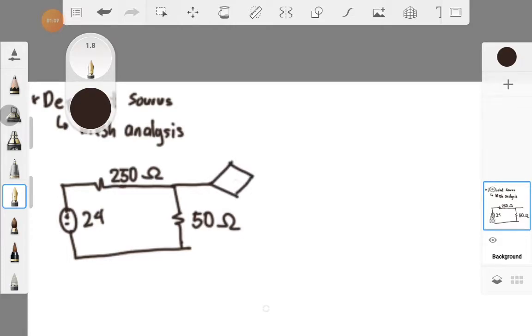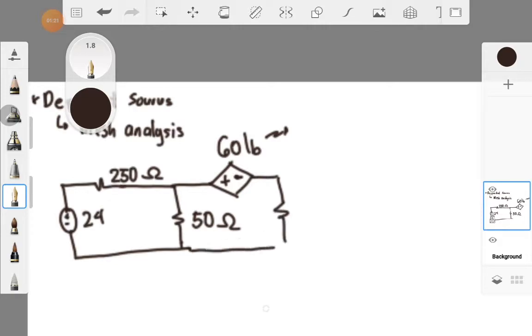Why have I said that it is current dependent? You can see that this is a voltage source which is 60 IB. This IB means it is a current dependent voltage source. Okay, another 150 ohm. Okay, so find or determine IB in the circuit.